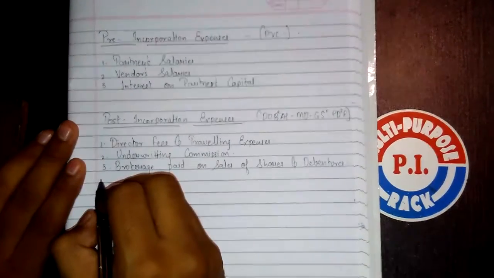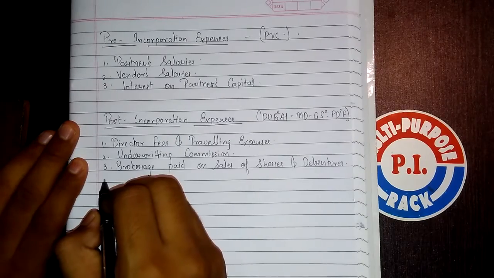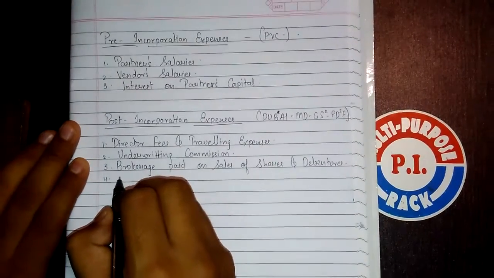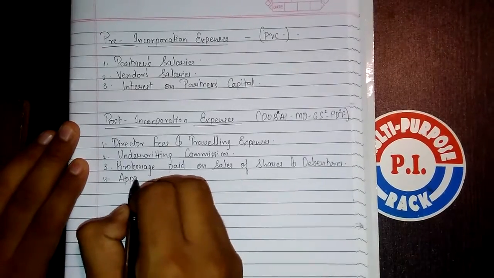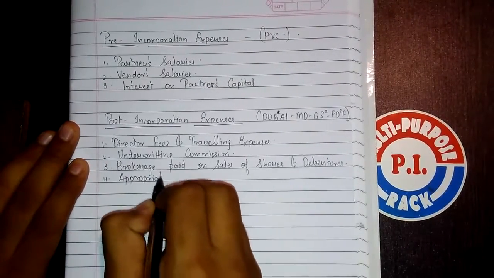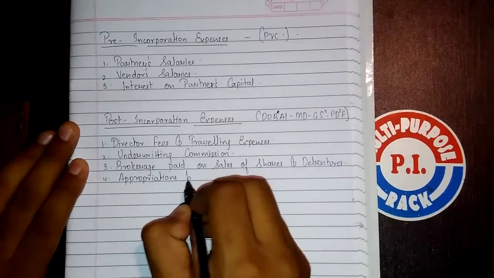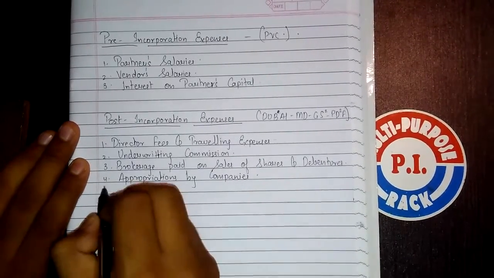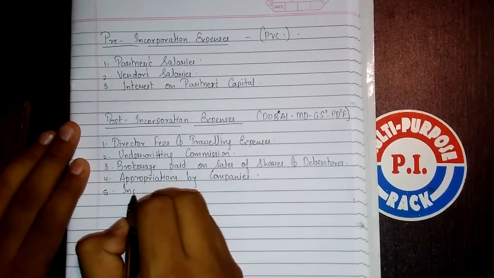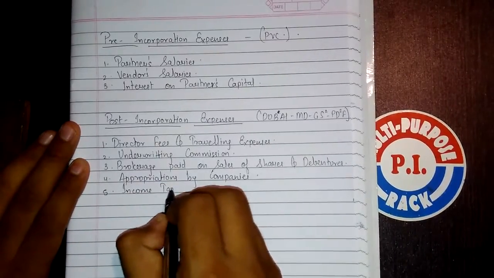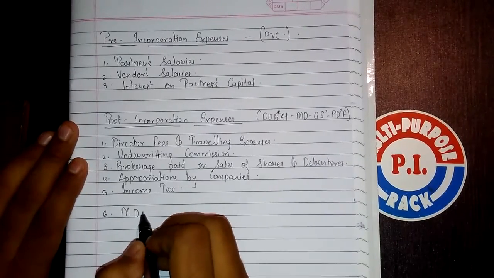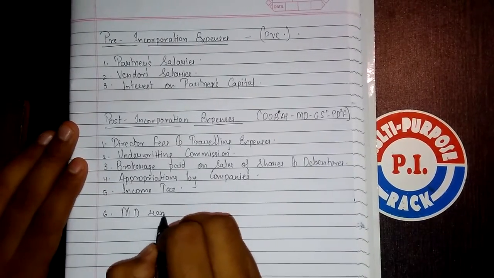I hope this is quite visible to you all. Fourth is appropriation by companies. Fifth is income tax. Sixth is MD, that is managing director remuneration.